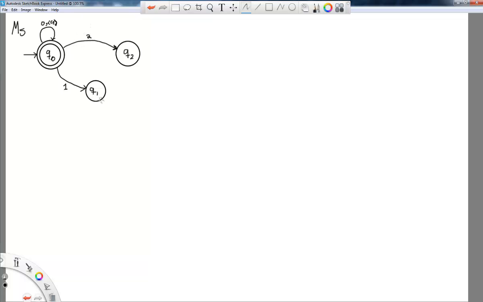Okay. Now what happens if we are in Q sub 1? If we are in Q sub 1 and we see symbol 0, we don't do anything, we stay in Q sub 1. But we move back to state Q sub 0 if we see symbol 2 or the reset symbol. If we are in Q sub 1 and then we see a 1, we go to Q sub 2.